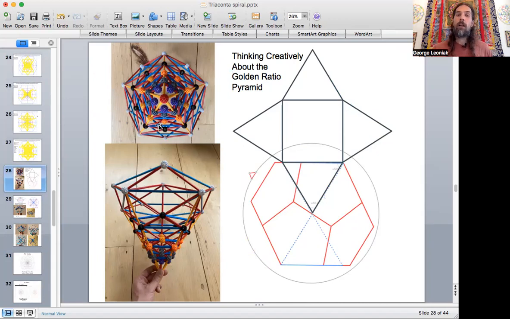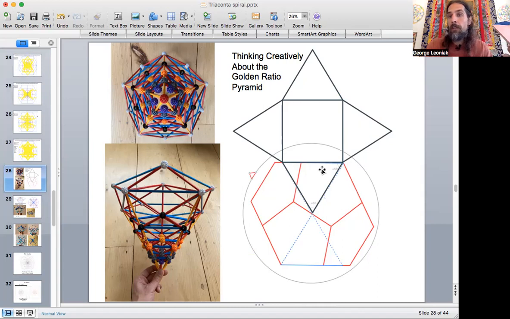So I thought a little creative of this, and I'm going to put these in here too, because I said, well, look, check this out. We have a face of the pyramid. And I said, well, how about if each of the faces of this little pyramid actually were a dodecahedron pentagon?